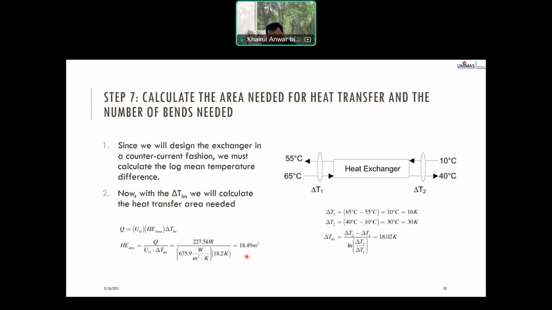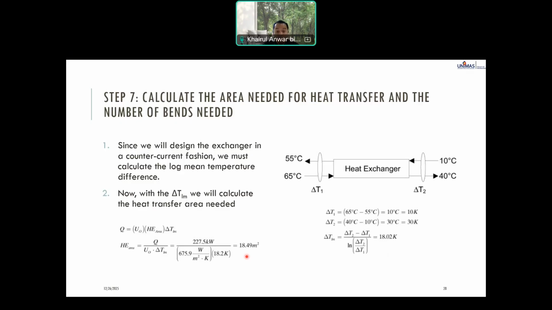We are limited to a 6-meter long pipe, and thus we may not have enough area to satisfy the required area needed for heat transfer. 18.49 square meter, so we may need to bend the pipe. To avoid the sagging, the number of bends needed is equal to the total area needed for heat transfer divided by the surface area of the 6-meter pipe of chosen diameter.